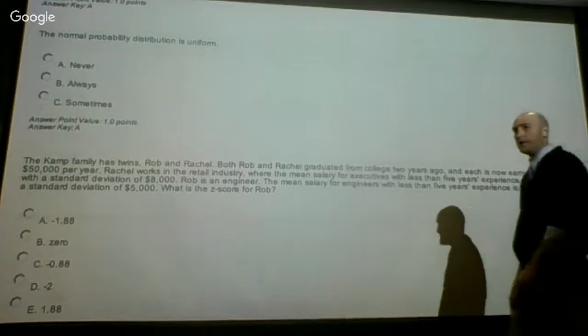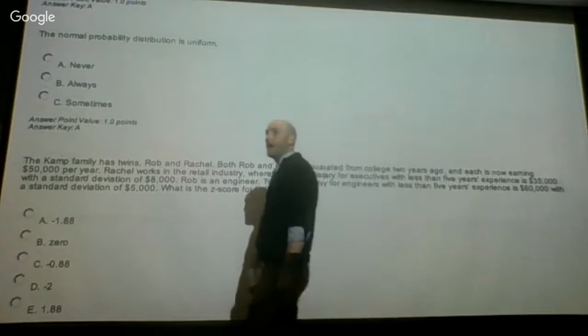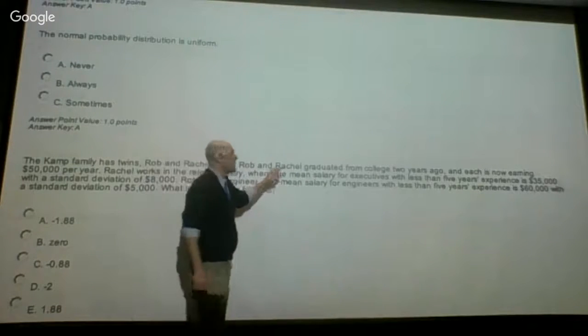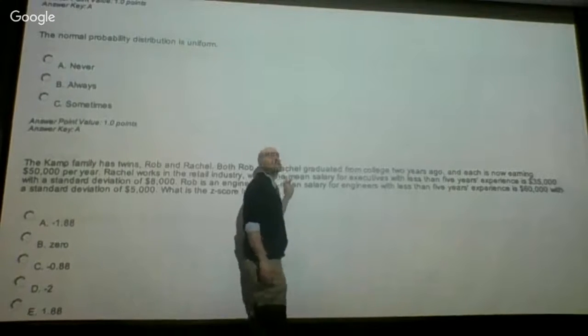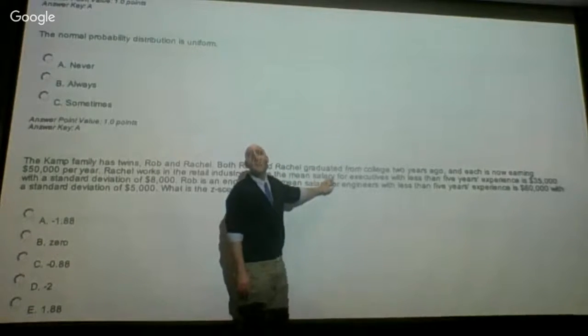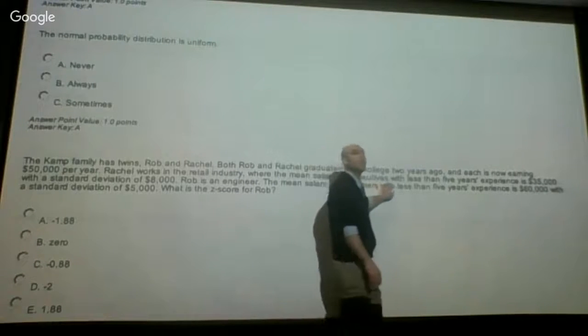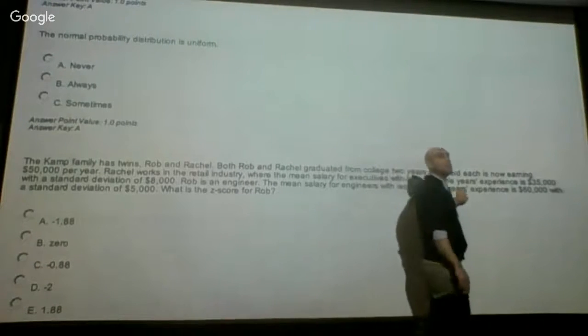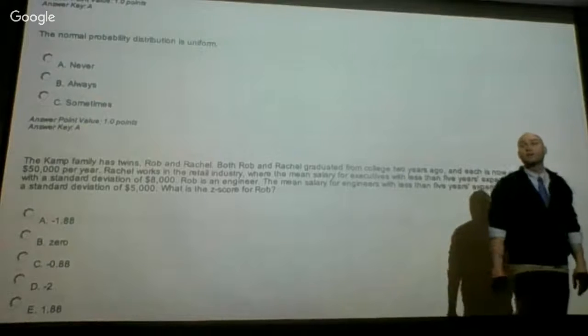So this could be a sample mean. It could be a population mean. And the types of problems that you're going to see for your midterm exam, I may say, from a sample of executives with less than 5 years experience, I determined the mean salary to be $35,000.